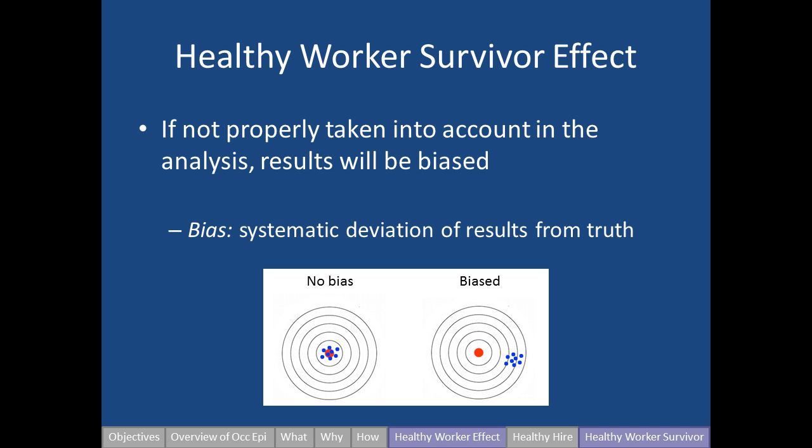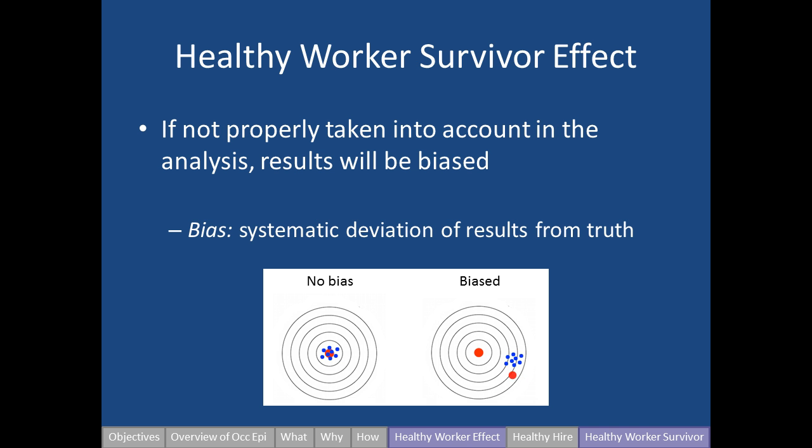So the healthy worker effect, if you do not properly take it into account when you're doing your analysis, your results will be biased. And a bias, again, is just the systematic deviation of the results from the truth. So the truth is here, this is where we should be, but instead we're kind of being pushed off to one side. This differs from random error and precision issues.